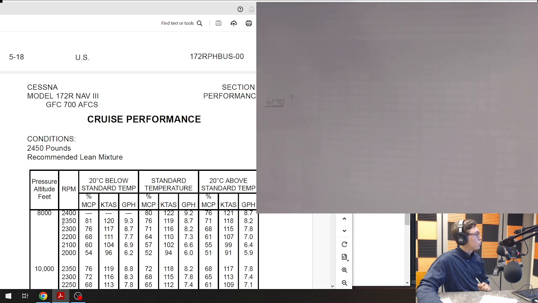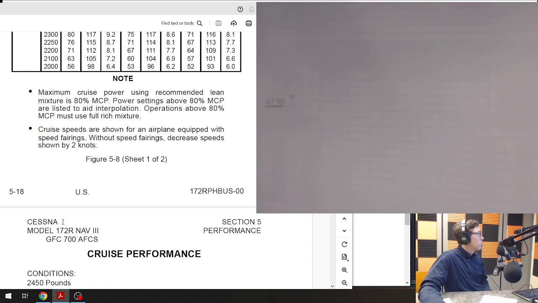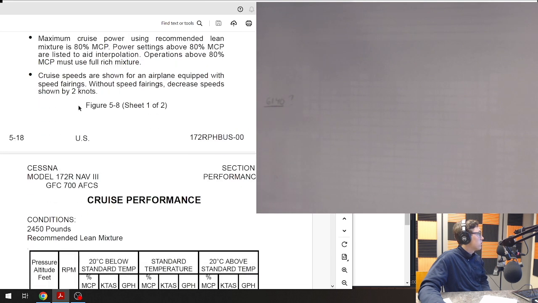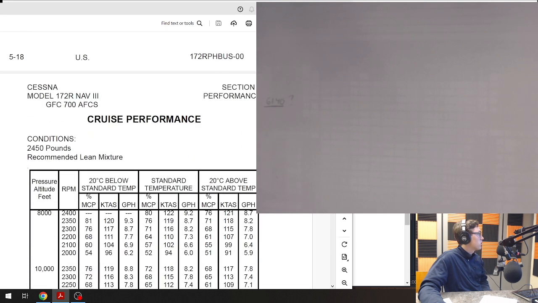We're going to pick the closest one. So, yeah, we'll use 2,300 here. So 2,300, that way it matches up a little easier for us.